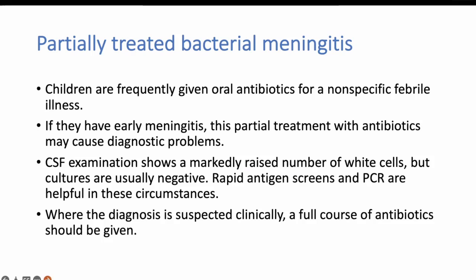The same organisms as with sepsis: Strep pneumo, Haemophilus influenzae, and Neisseria meningitidis. Beyond that age, it's Strep pneumo and Neisseria. Haemophilus is uncommon in patients more than 5 years of age.